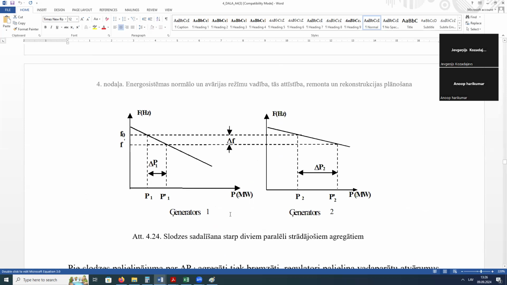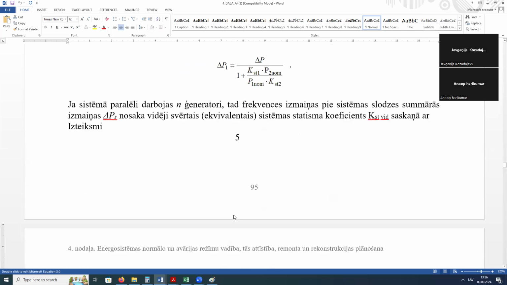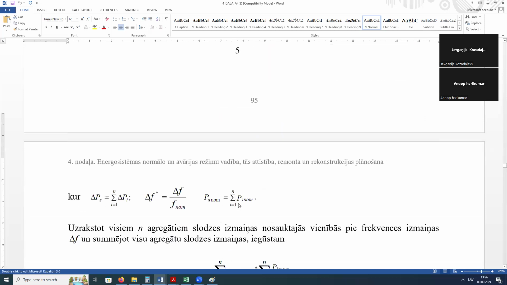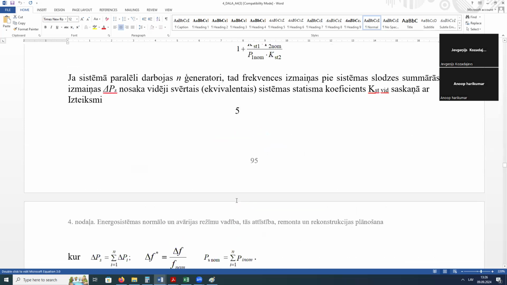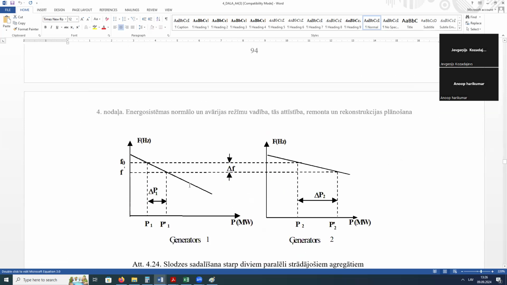But the main thing I want to say is this formula. When we have the united generator, we could calculate its statism, and based on this united statism, we could calculate the united deviation in power when we have the frequency deviation.